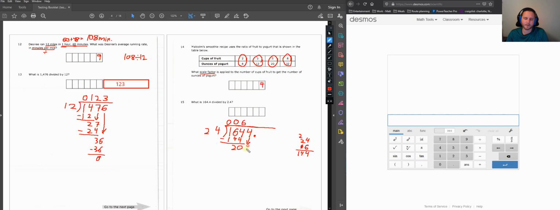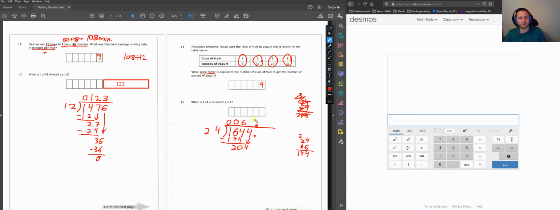Carry down my 4. Now, I don't know if that's going to be 9 times it will go in or only 8. I feel like it might go in only 8 times, so I'm going to try 24 times 9 and see what happens. That gives me a 6, carry my 3. That would be 18 plus that. No, that did not work. That would be 216.